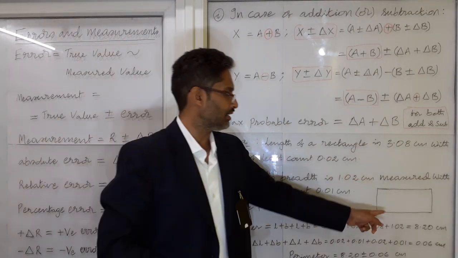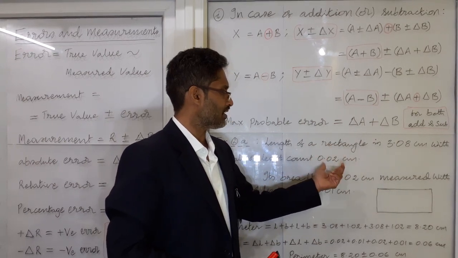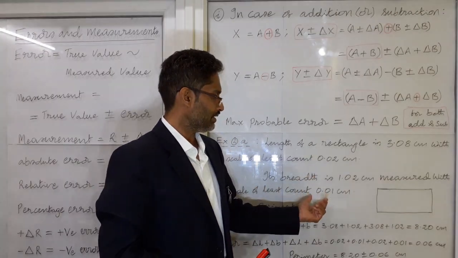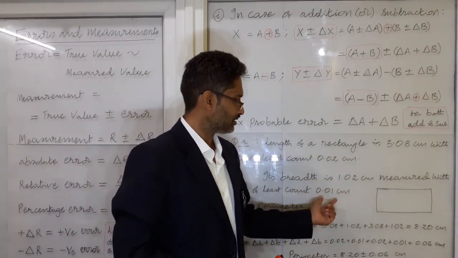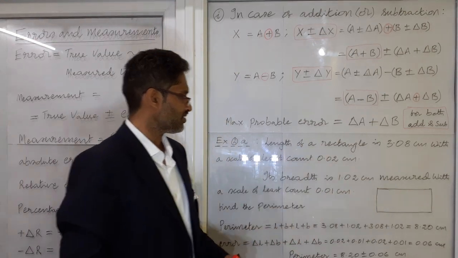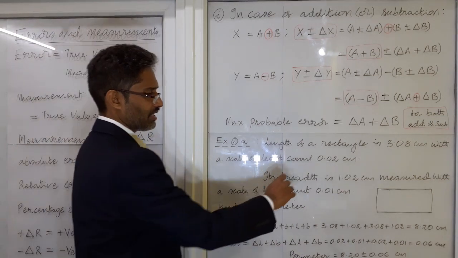This is the rectangle, and to measure length we are using one device with least count 0.02 centimeters and another device for breadth with least count 0.01 centimeters. Least count itself is the error. Now find the perimeter. What is the perimeter of this rectangle?